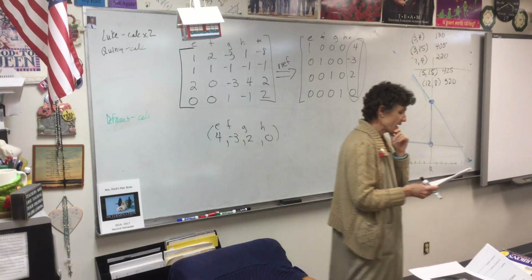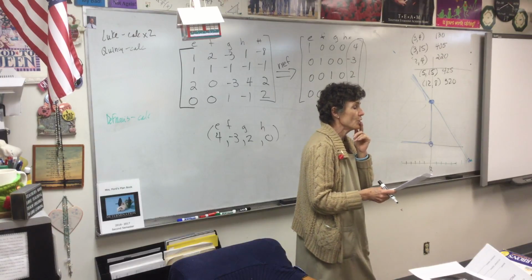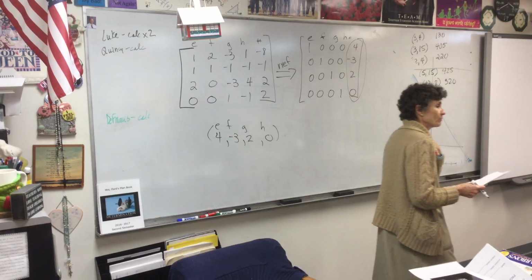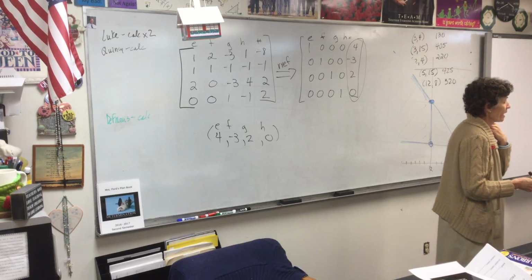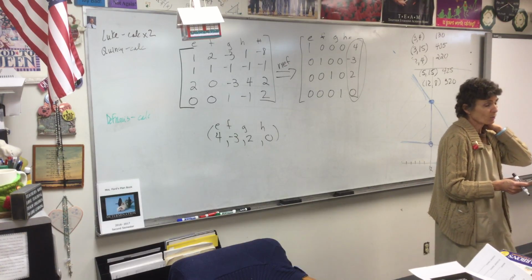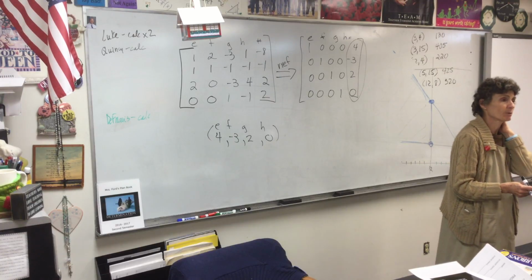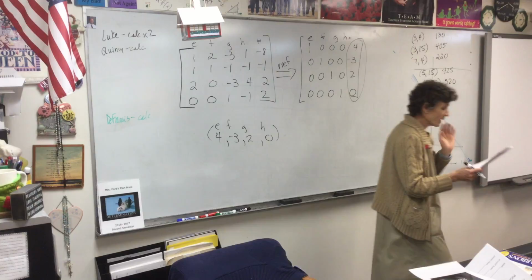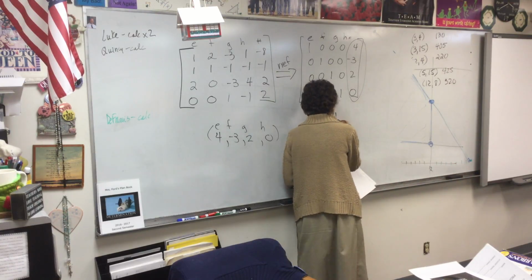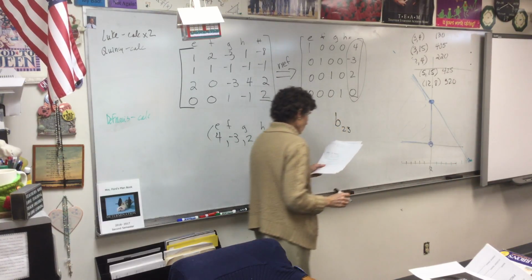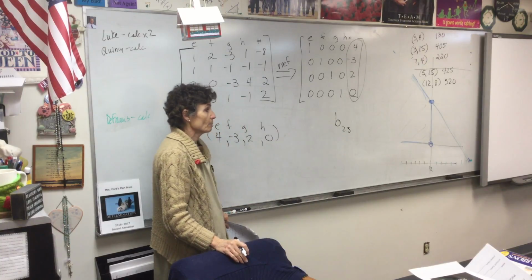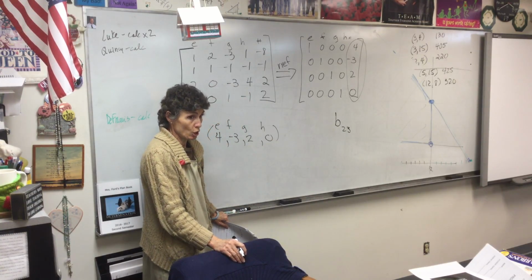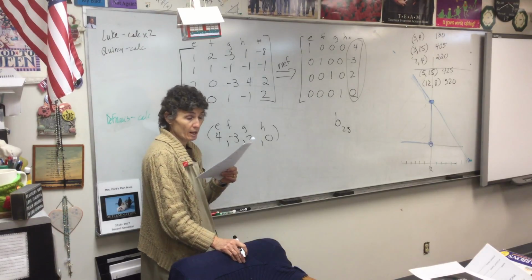Is B a square? No. Why not? Not the same number of rows as columns. Remember, a square matrix has the same number of rows as columns. All right. What does this mean? What am I looking for? I'm looking for the number that is in the second row and the third column.